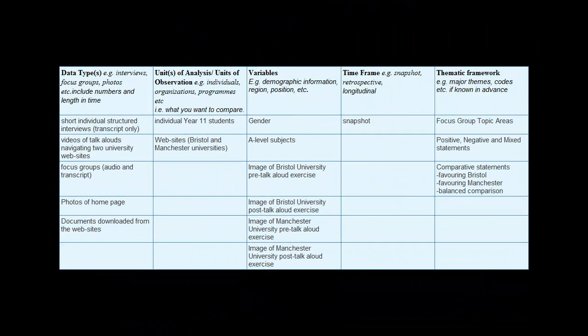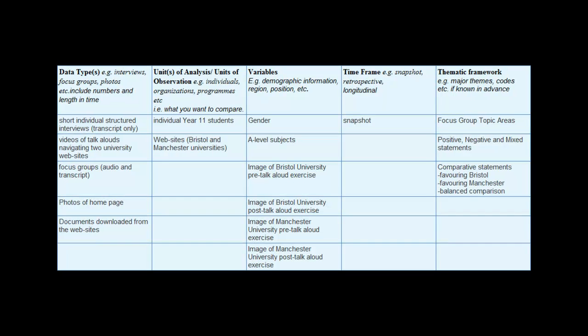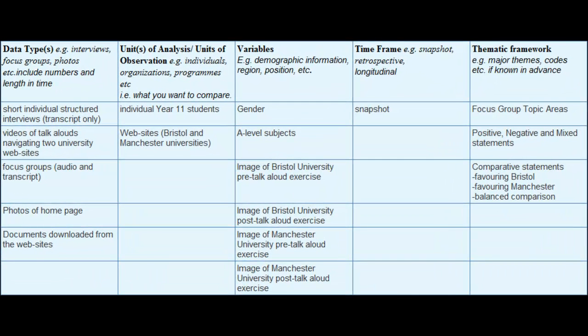To help me represent my design in ATLAS.ti, I have created a design framework that indicates the different elements of my research design. So for this particular example project, which is about comprehensive Year 11 students' perceptions of university websites, I have indicated, first of all, the types of data that I have collected to capture this information.